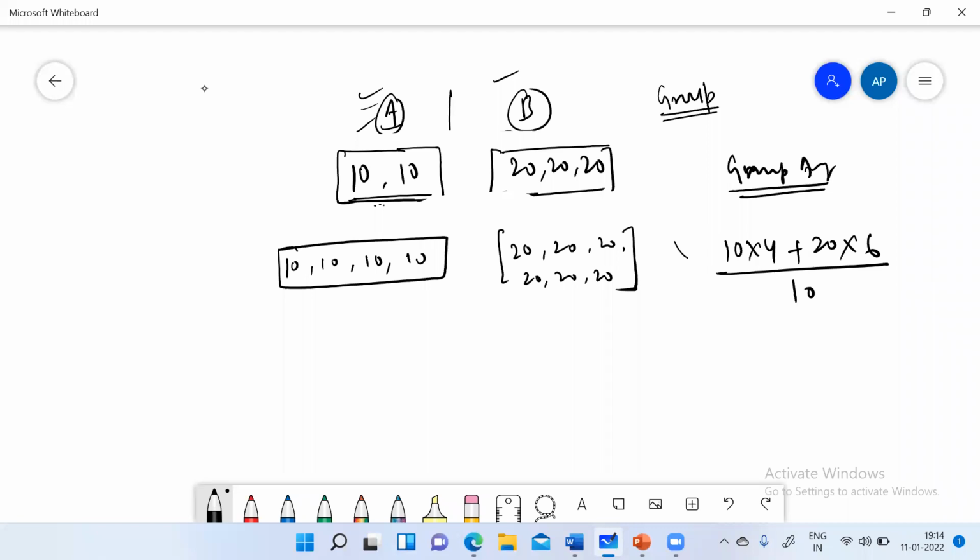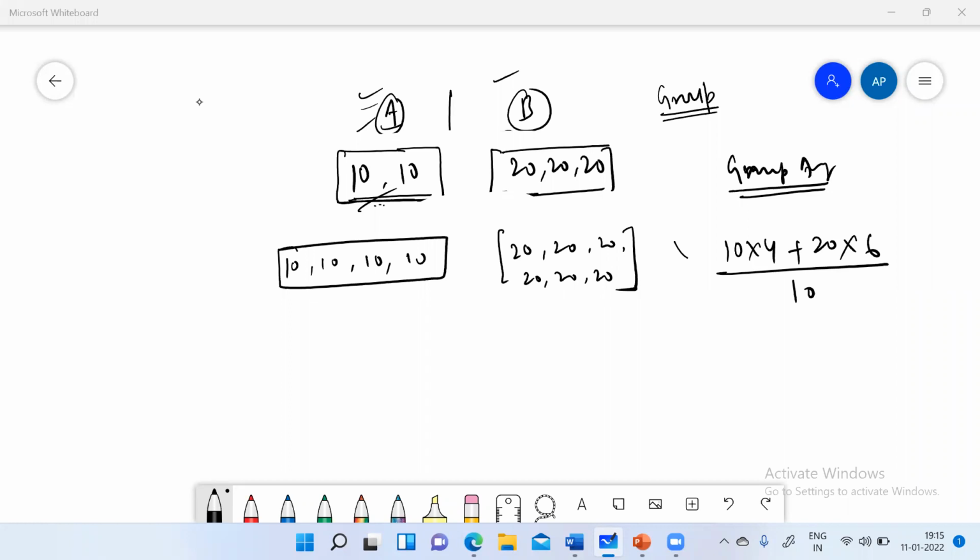One, if the ratio is the same, the average will remain constant. And for the same averages, whichever group is greater in number, the average will shift towards it.